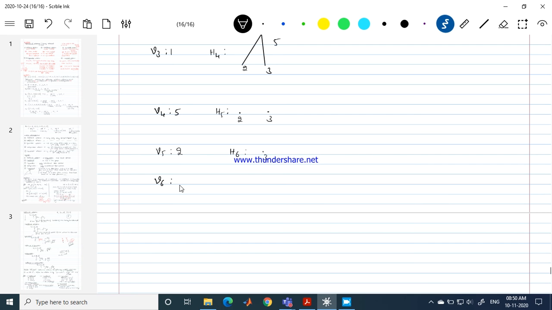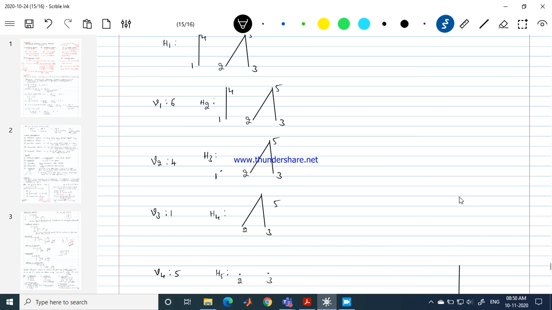So if there is no Hasse diagram left, stop the process and write your total order relation. This is V6 less than V5 less than V4 less than V3 less than V2 less than V1. So now I can write the total order relation as well. Okay, one straight line is enough. So one straight line will just take care of this.